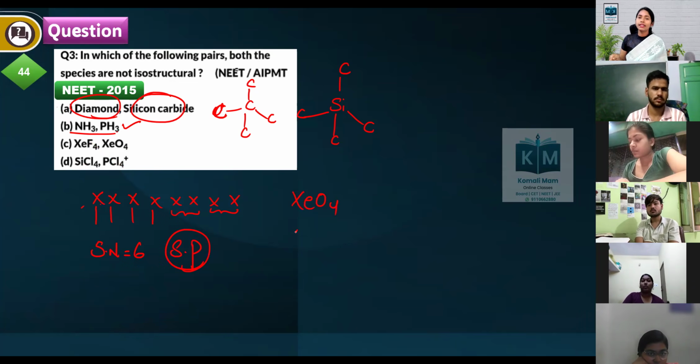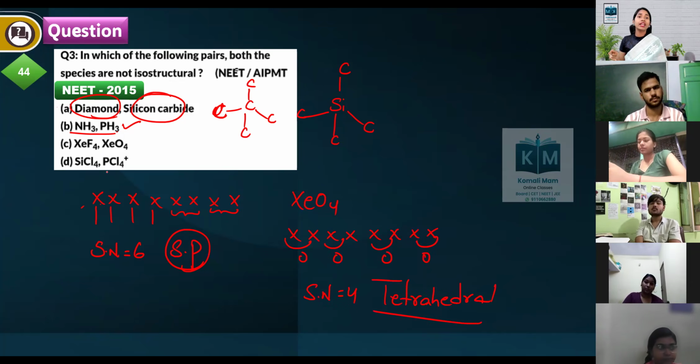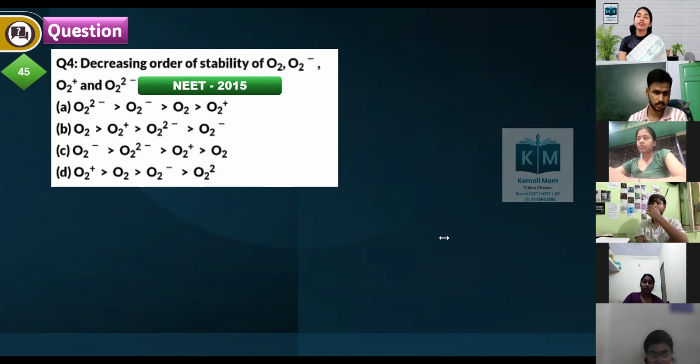XeOF4, we get I think tetrahedral, right? Because 8 electrons are sharing 4 atoms. Each oxygen shares 2 electrons. So steric number is how much? 4. And a tetrahedral shape with 0 lone pair. XeF4 and XeOF4 both are having different structures.